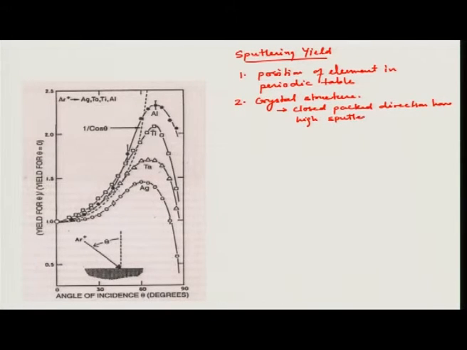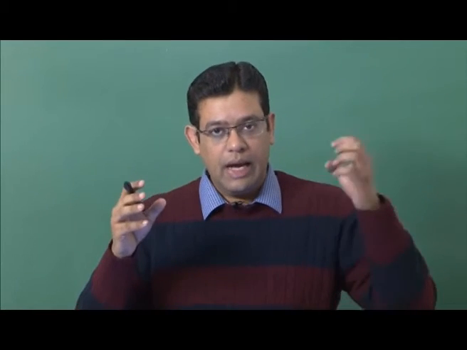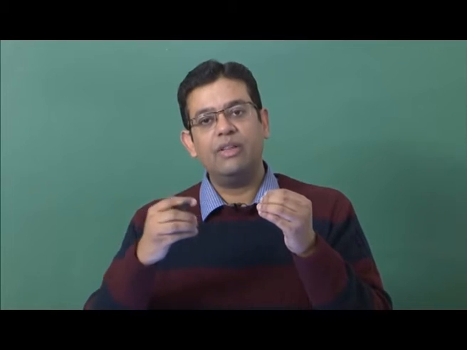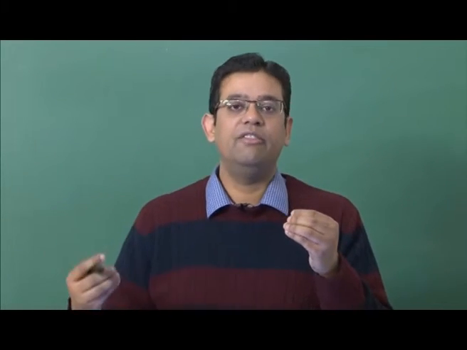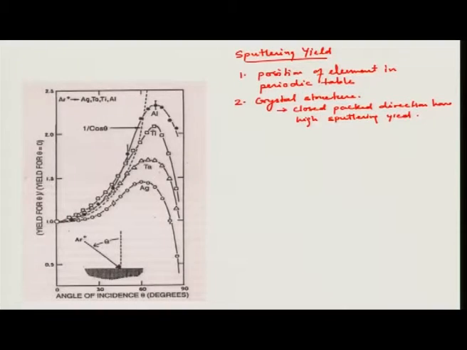You can think of this as, if you have a close packed direction along which my ion is bombarding, it will interact with more atoms of that material and will be able to transfer its energy to more atoms, and then our sputtering yield would be higher.